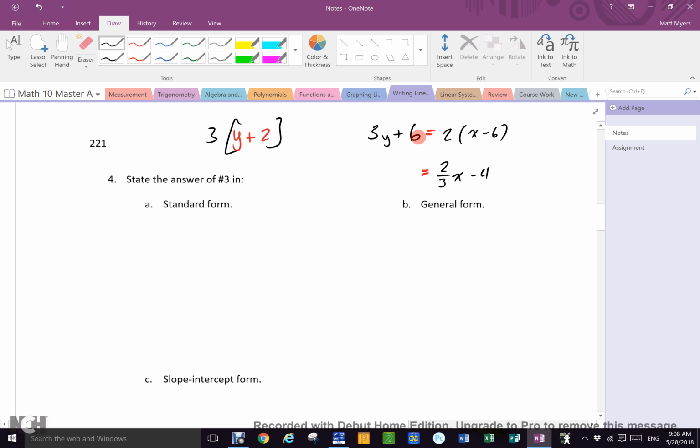Everybody okay with Michael's version? Now, if we did the distributive version, then over here, has anything happened to this side? No, because all I did was distribute that into the brackets. So this is still y plus 2.